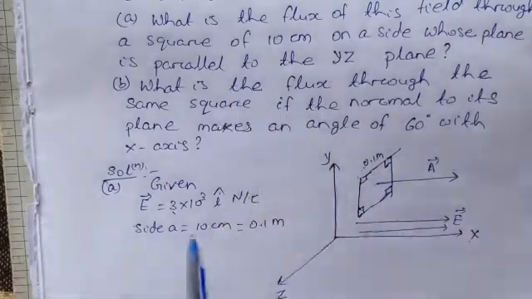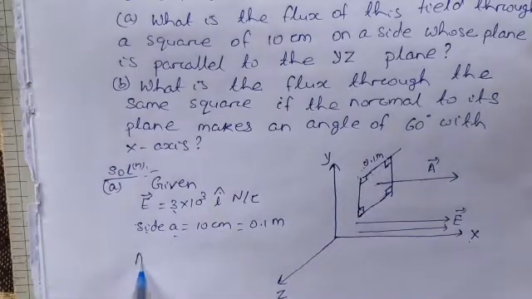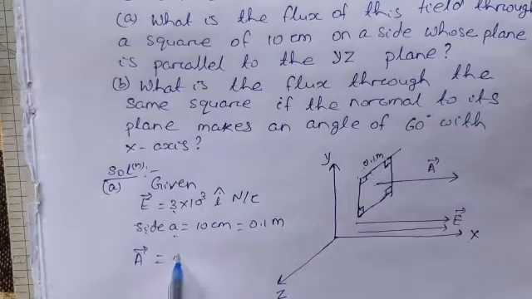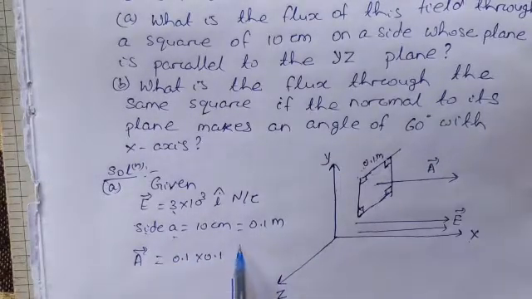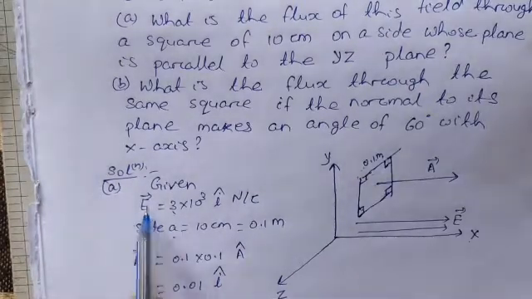So I can write side a equal to 10 cm, which is equal to 0.1 meter, and the area vector equal to 0.1 into 0.1 i cap, or I can say this is 0.01 i cap. This is your area vector, and given is the E vector.